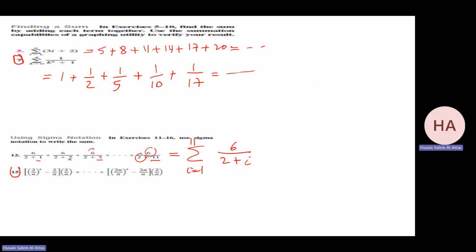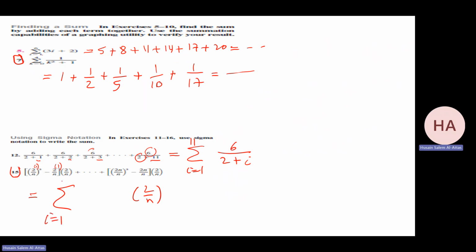Here you have what? You have summation. You have 2 over n. This is not related to i. And it's going 2 times 1, here 2 times 2, 2 times 3, and 2 times n. Same thing here, 2 times 1. So that gives me what?